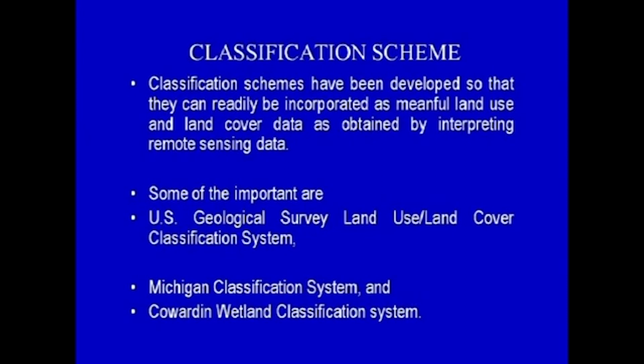So, we can say that the first classification scheme, the USGS LULC classification scheme, is one which tries to take into consideration different types of information classes. The information classes were initially defined for Landsat MSS, but fine tuned for better satellite resolution. By and large, there are 4 levels.